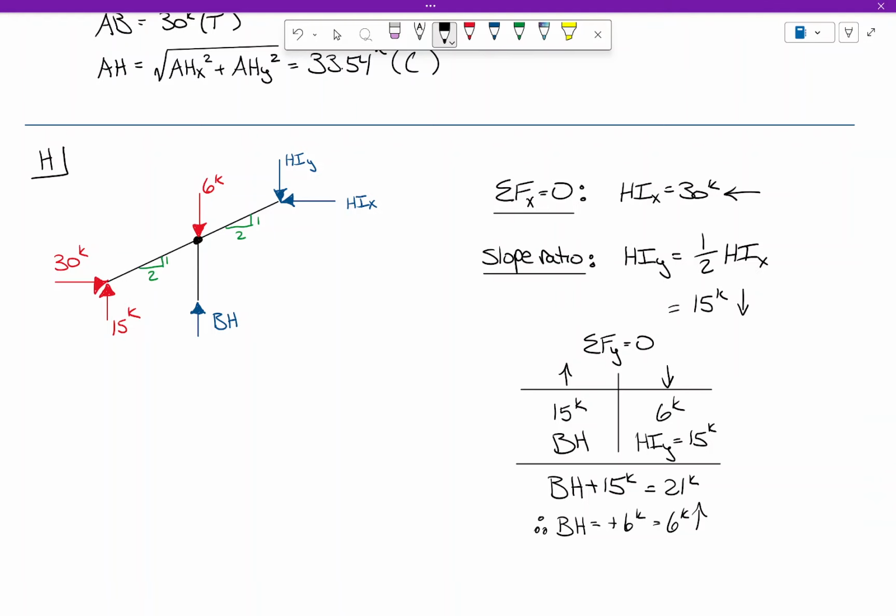Okay. So, to summarize, we have 2 unknowns. BH, so that one was 6 kips. Is that compression or tension? Compression. Oh, I got ahead of myself.